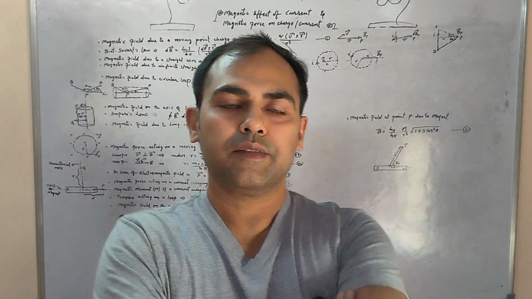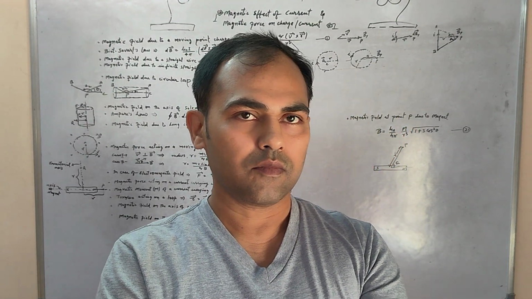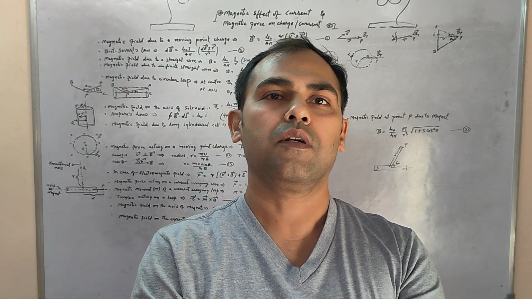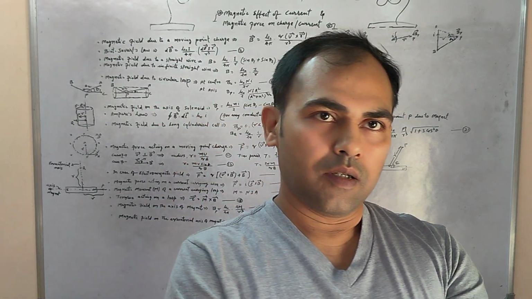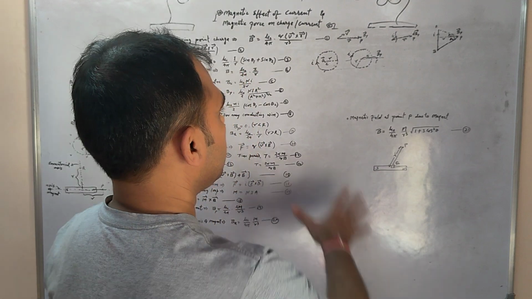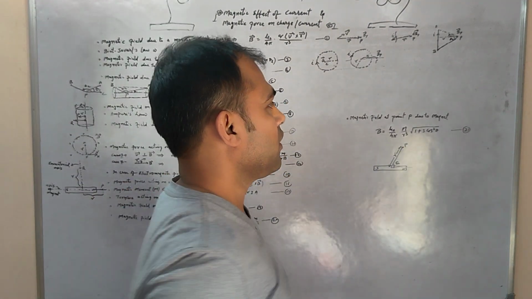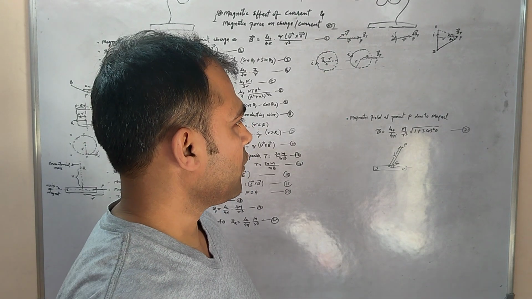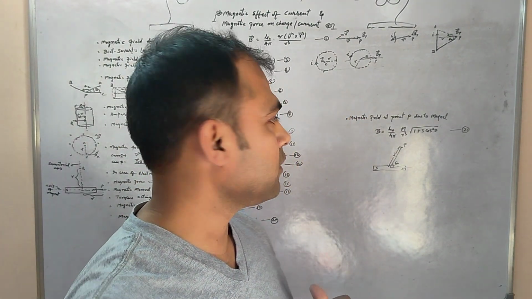Hello, my dear friends. Today we are going to discuss the most important formulas of a very important topic. And after discussing these 21 formulas, you will be able to solve any problem related to this important topic.